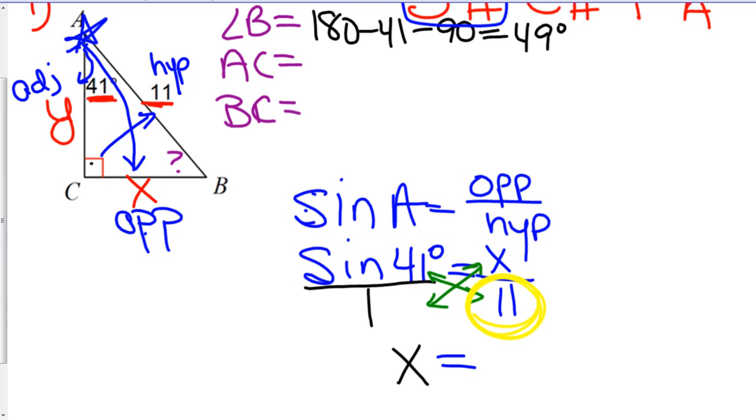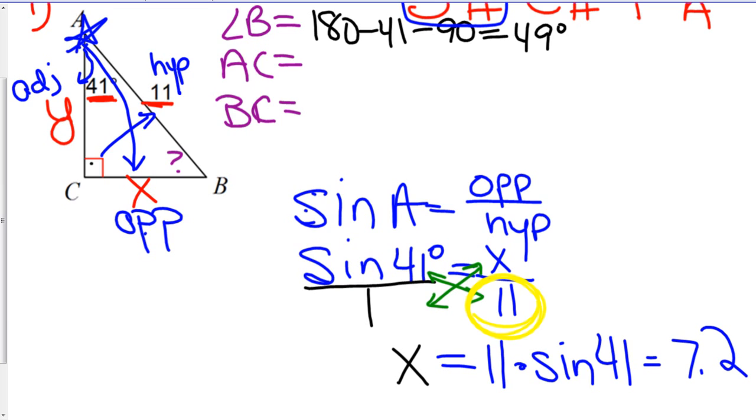So it's going to be 11 times the sine of 41, and that gives us our X. When we do that, we should get 7.2. So the length of BC is 7.2.